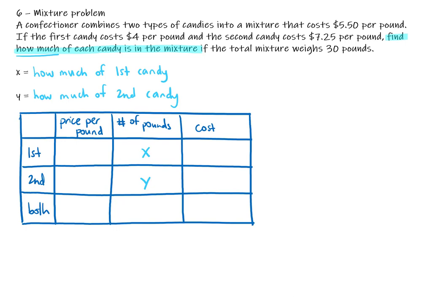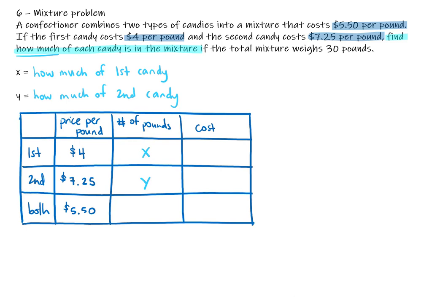If the first candy costs $4 per pound, and the second candy costs $7.25 per pound, and the total mixture costs $5.50 per pound, we can put all those values directly into our chart.